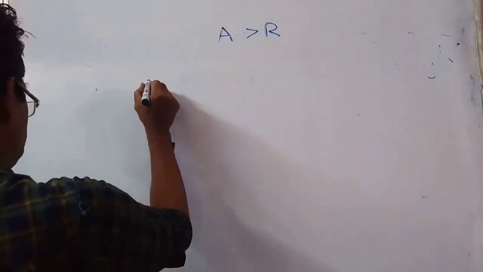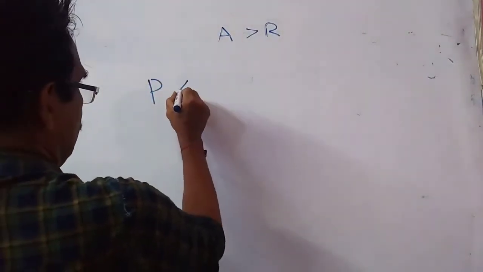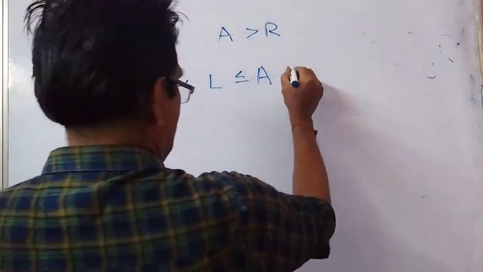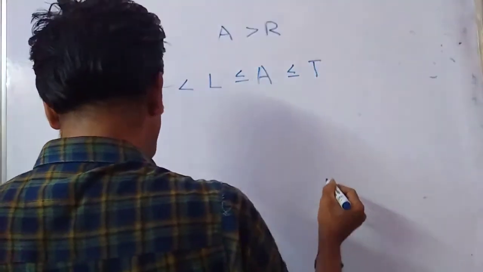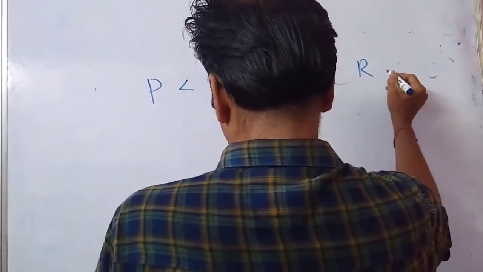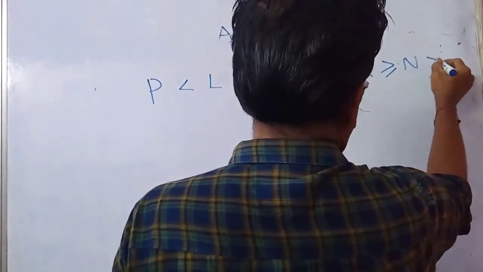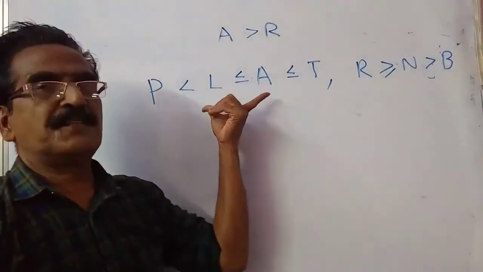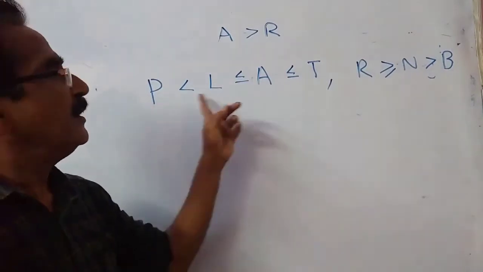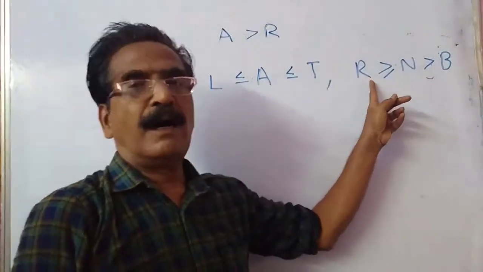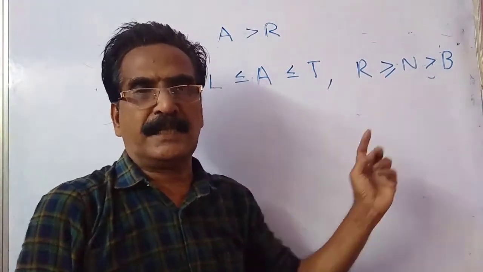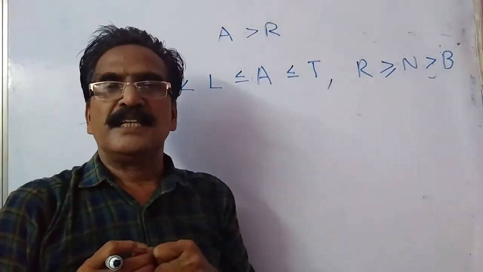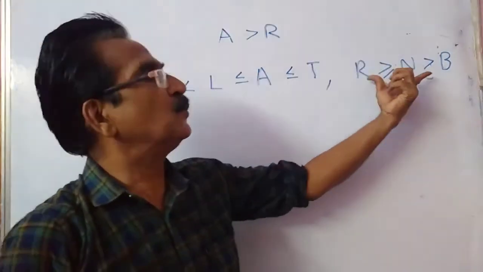Let us see the fourth option. P less than L, less than or equal to A, less than or equal to T, or greater than or equal to N, greater than B. So from these two statements, A is in the first statement, R is in the second statement, there is no link, no connective between these two statements.